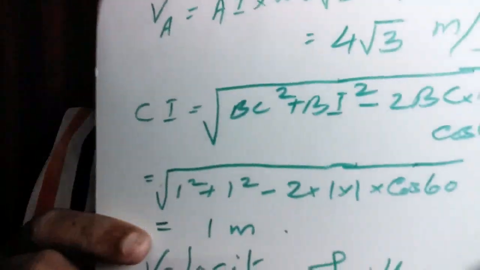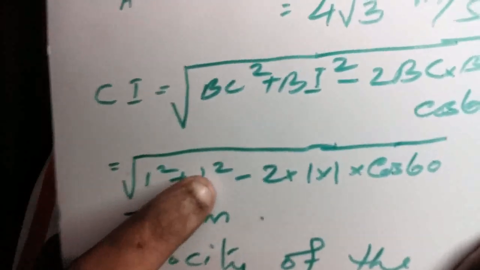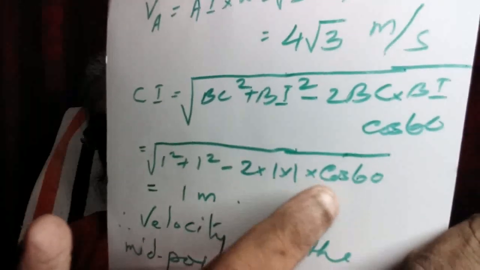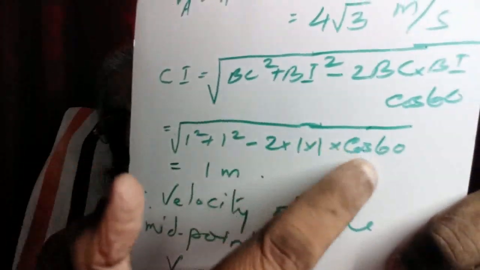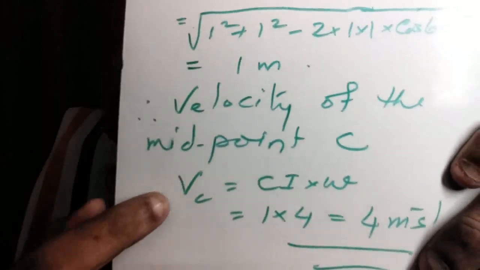That is, square root of 1 square plus 1 square minus 2 into 1 into 1 into cos 60. The final answer will be 1 meter. Then you can find out VC.